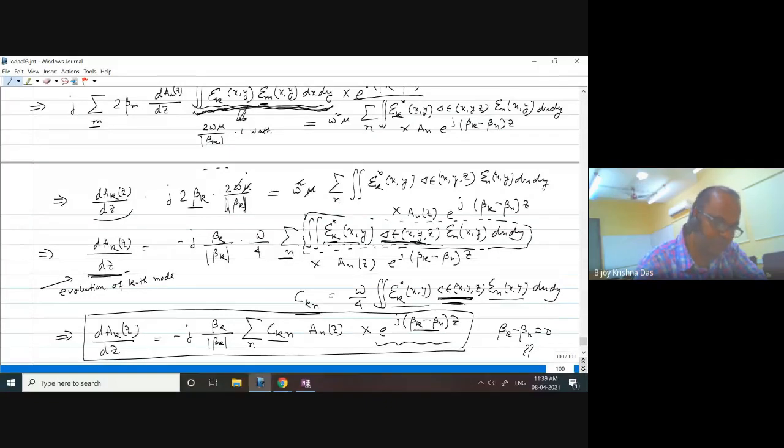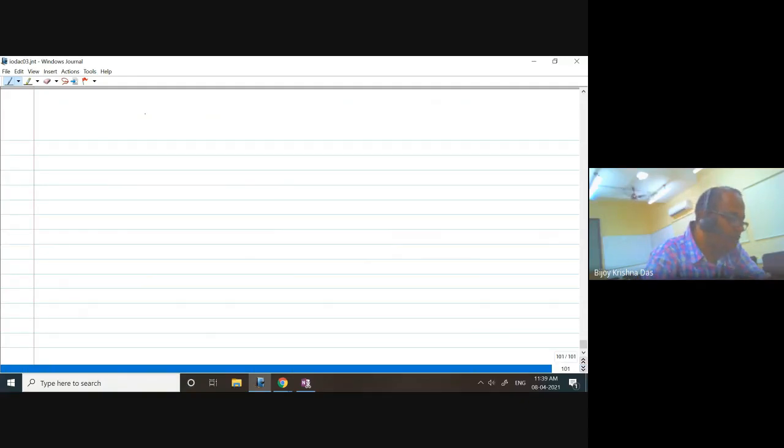Before I come to this equation, I will work a little bit on the previous line. How will we work on that? Let us see. Let us consider this delta epsilon xyz, the perturbation you have, something like delta epsilon xy multiplied by some constant, e to the power minus j m 2 pi by lambda z.